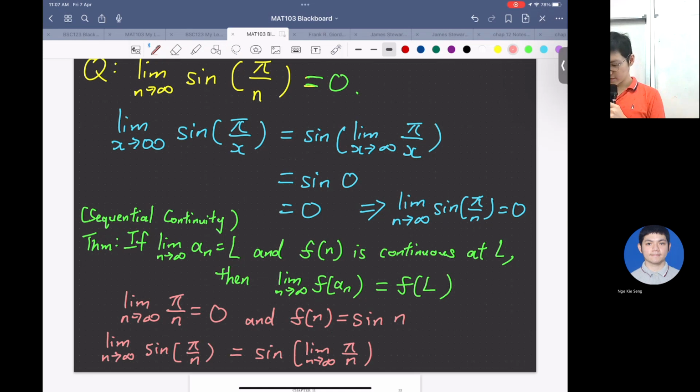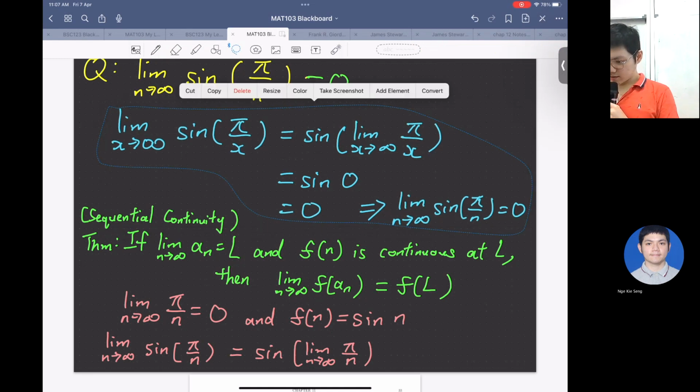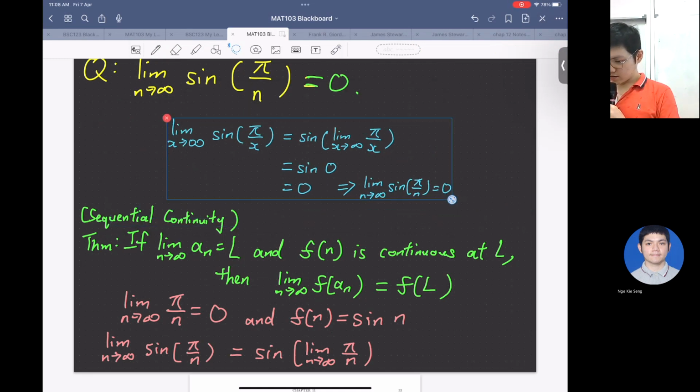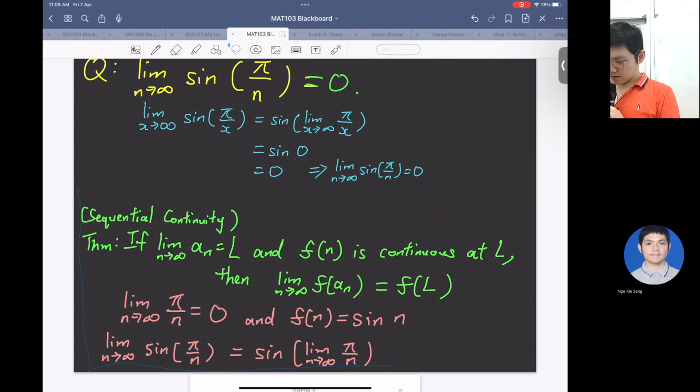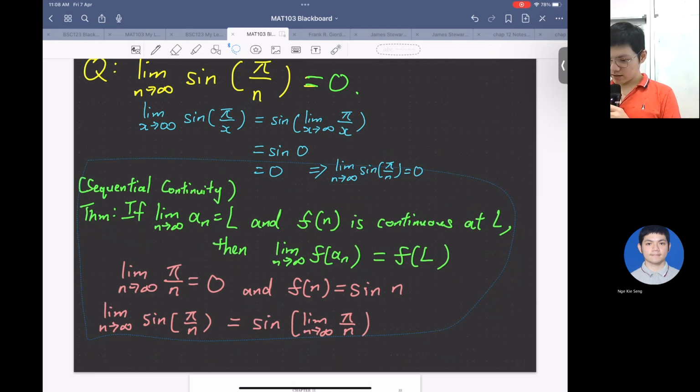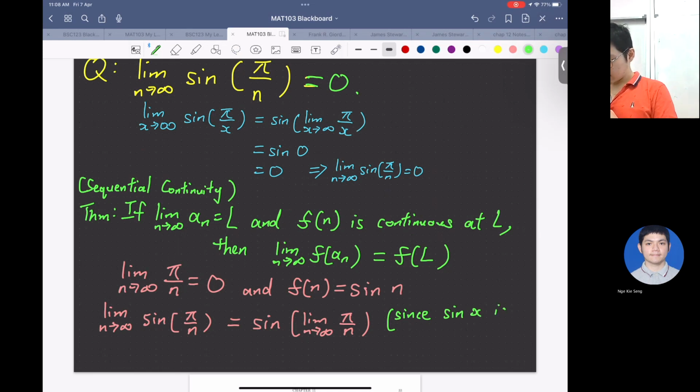So let me move this stuff over. Equal, since sine x is continuous at 0.